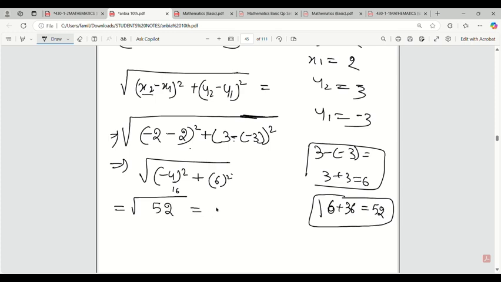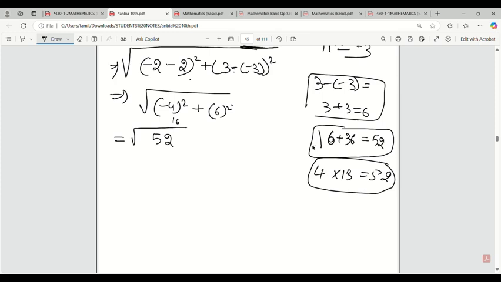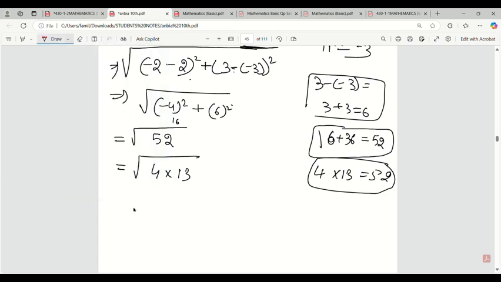52 means, okay, I'll write it here. See, 4 into 13 is giving us 52. So under root of 4 into 13. We are aware of this formula that root of AB is equal to under root A into under root B. Means if the numbers under root are in multiplication, easily we can split them.